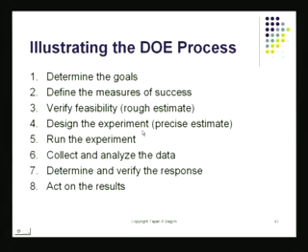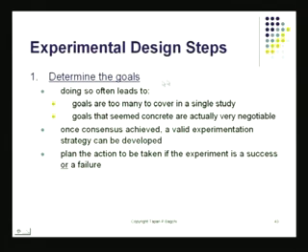And then, of course, I've got to design the experiment, I've got to run the experiment, I've got to collect the data, I've got to do my data analysis, and then, of course, I've got to act on the results. Let's see how we end up doing that. Determine the goals. And goals, generally speaking, certainly in the Six Sigma case, are derived based on some business objective.